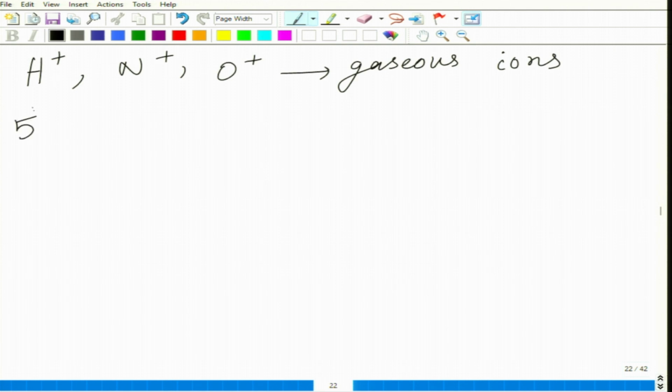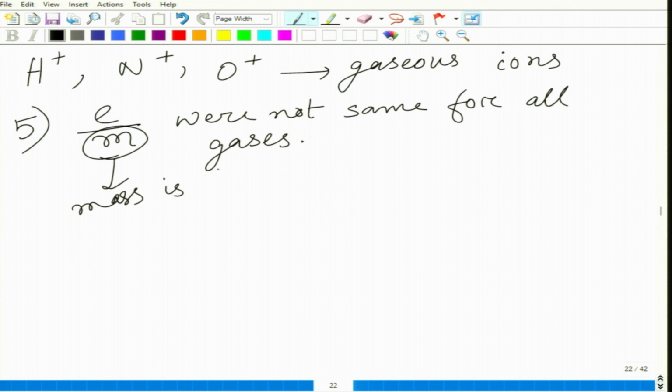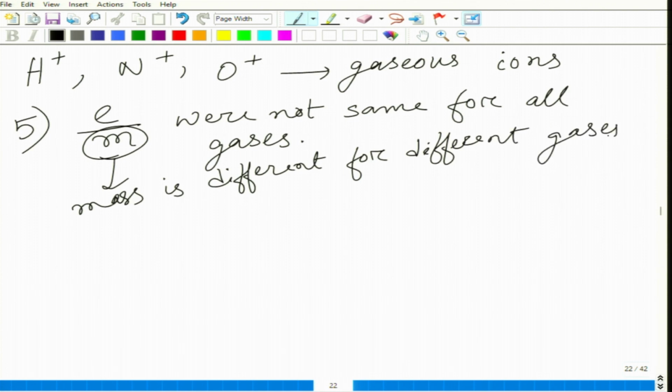So, the next conclusion was naturally that the e by m ratio, that is the charge to mass ratio, for different gases was not the same for all gases, because the mass is different. Mass is different for different gases.